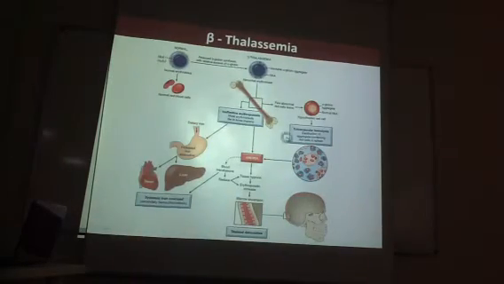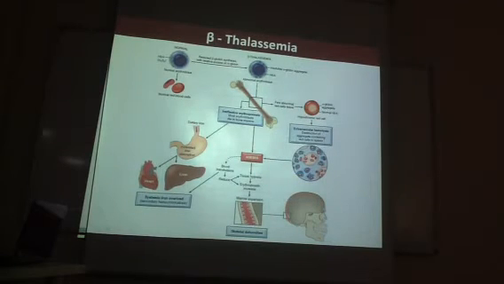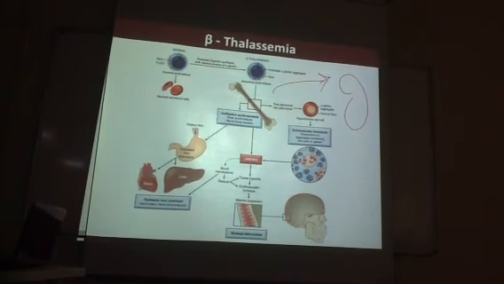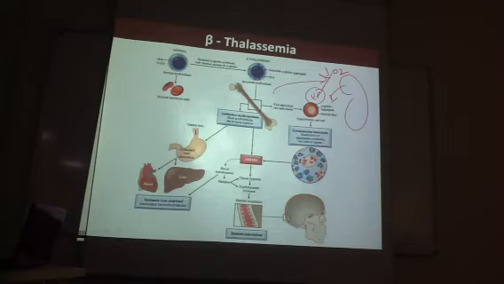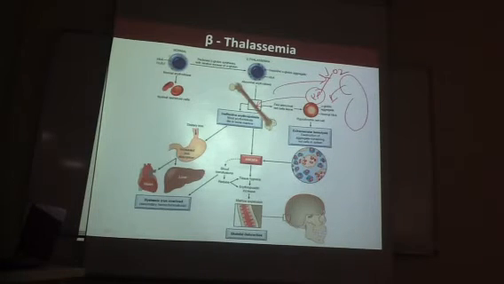Okay. See, when there is defective hemoglobin, definitely it causes decreased oxygen. Then the erythropoietin is secreted by the kidney, and the erythropoietin will come to the bone, and they will keep on pushing the cell to the RBC production.